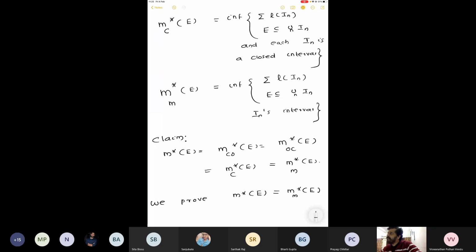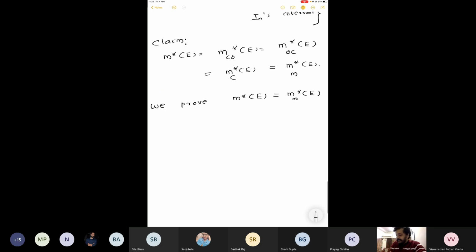Therefore, the infimum of the larger set is less than the infimum of the smaller set, right? Yes, clear sir.